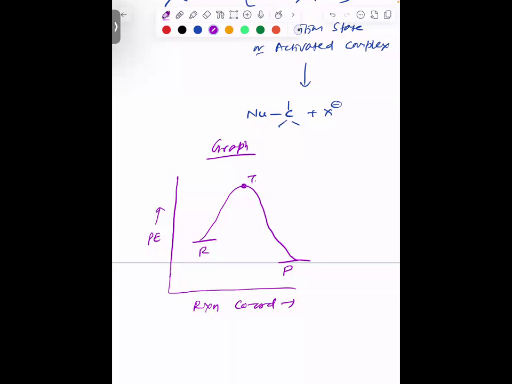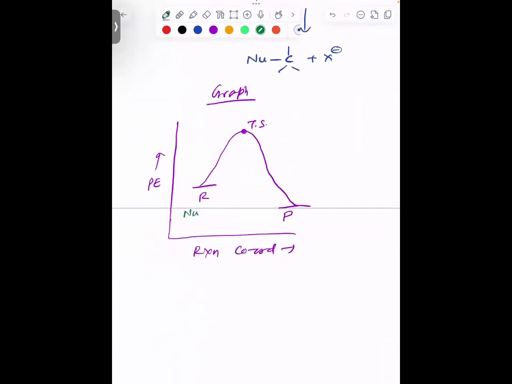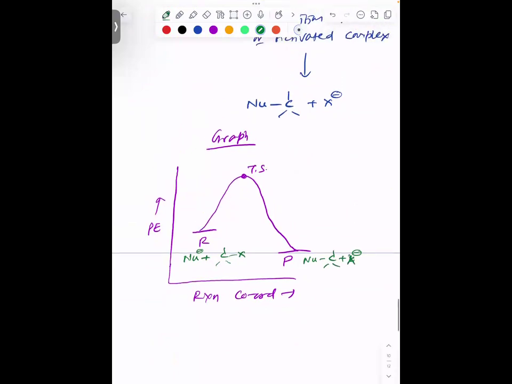So this is the transition state. In the reactant we have nucleophile plus haloalkane. In the product we have the substituted product plus leaving group, or X minus. So in the transition state, the nucleophile is partially bonded. So this is known as the transition state.